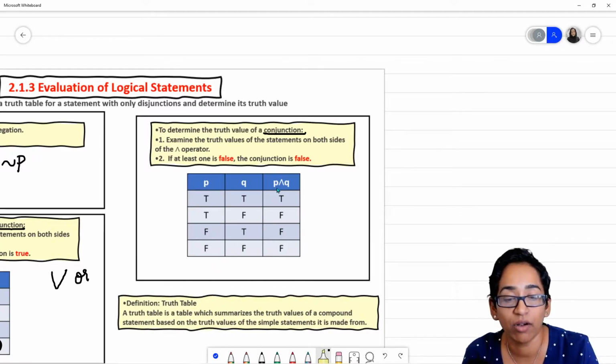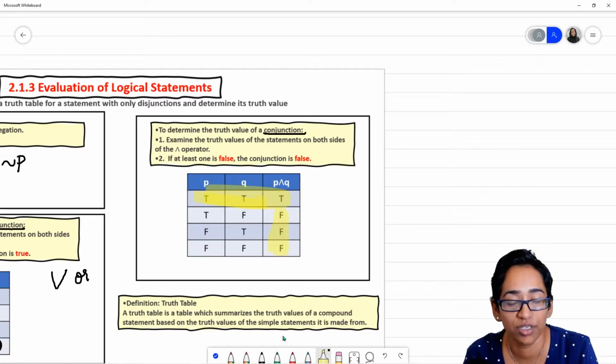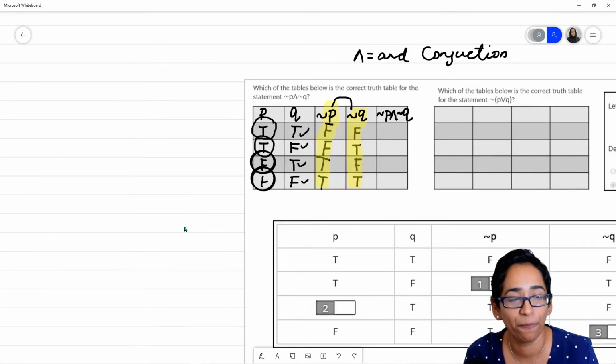As you can see here, this is the table for conjunction. Conjunction is true when both of them are true. The rest of the conjunction is all false. Do you see that? If I were you, I would always have this written down right next to me when I work on the problems. So let's go ahead and do the problem now.